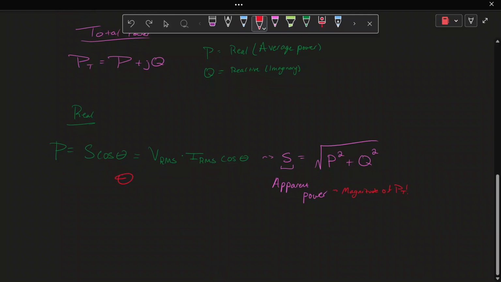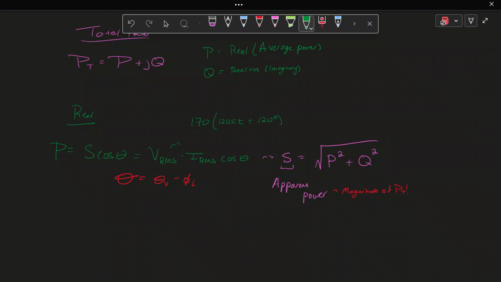Notice theta is equal to the voltage phase angle minus the current phase angle. So in problems, you're going to be given the voltage as 170, let's say, 120 pi t plus, I don't know, 120 degrees.